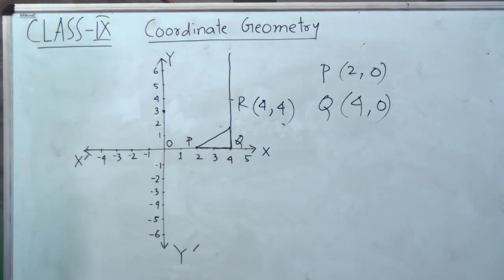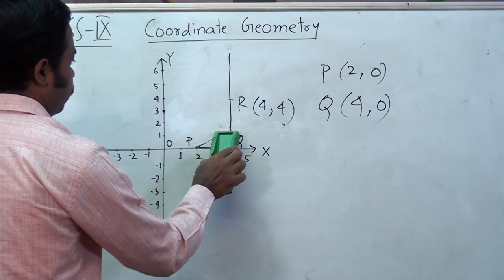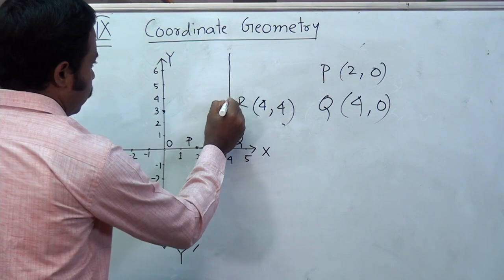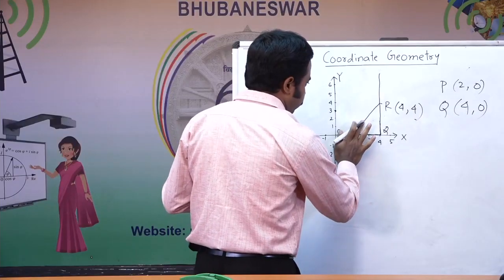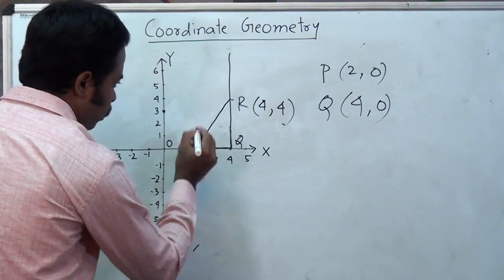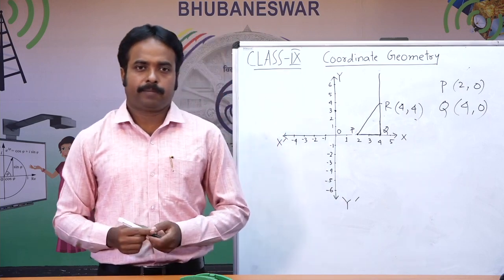Then also, if we join this by a line, we will get a right triangle.